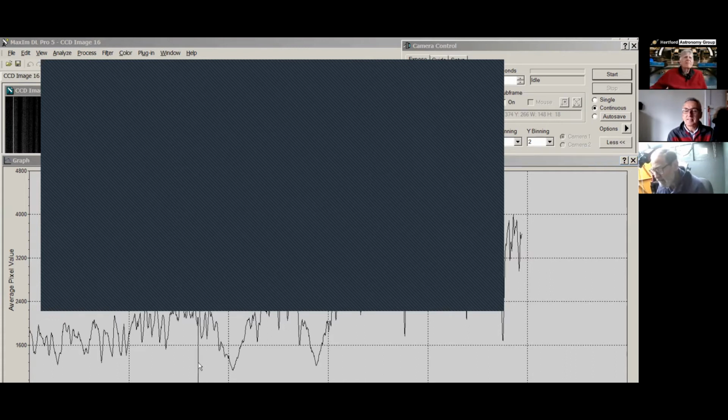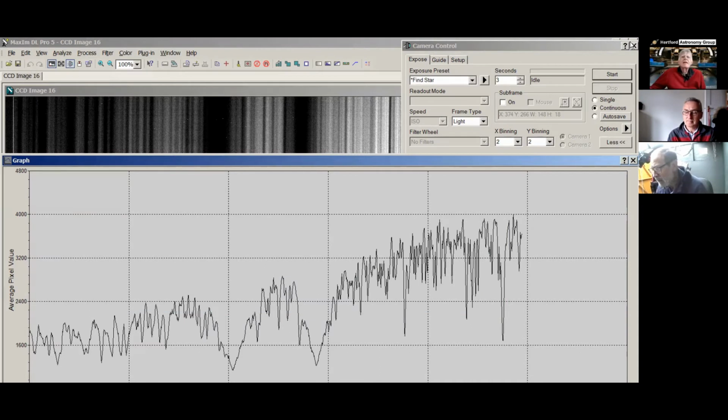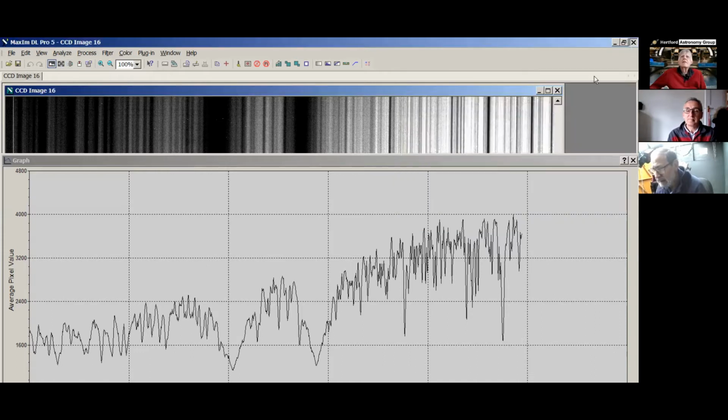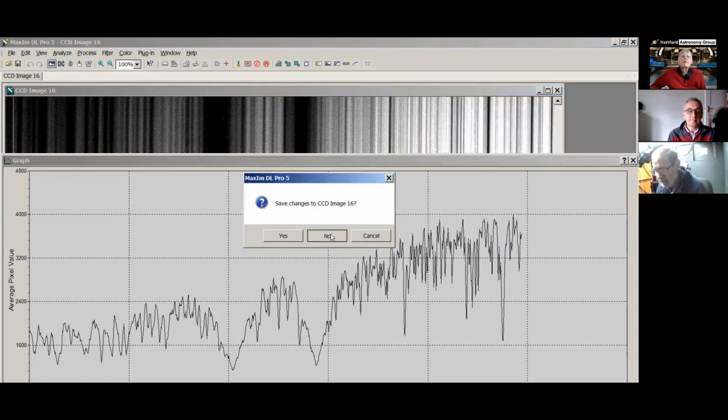No? That's really odd. Move this window away from the shared application. I may have to come out of the setup, disconnect. I'm not going to save the image. Am I still sharing?